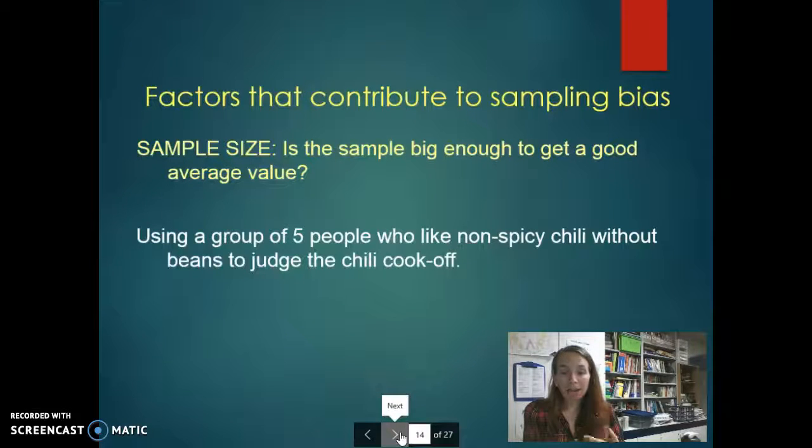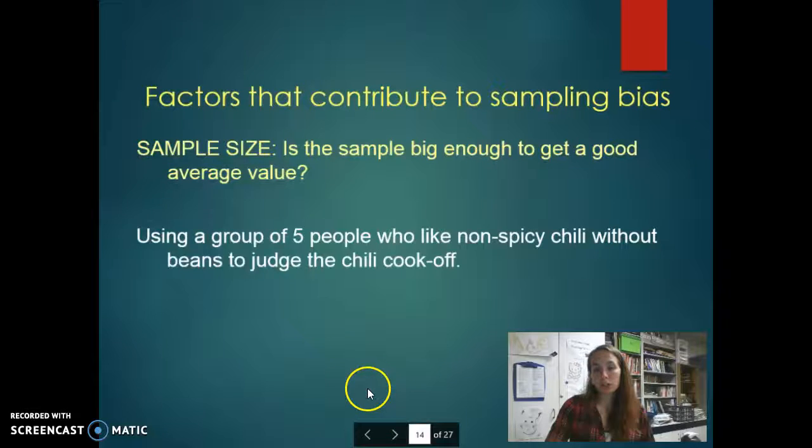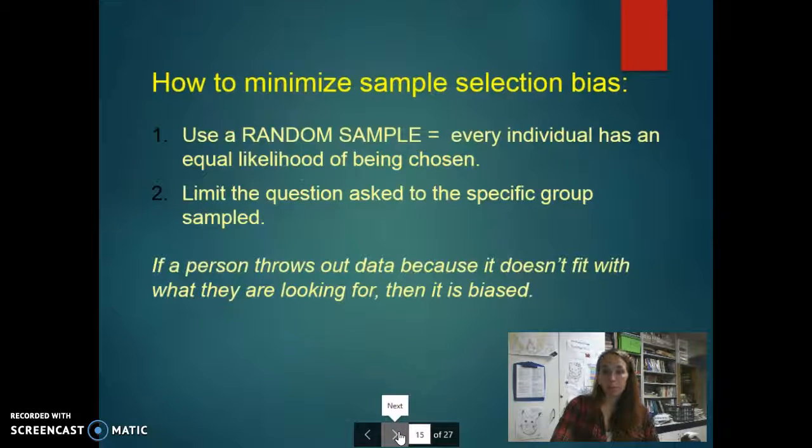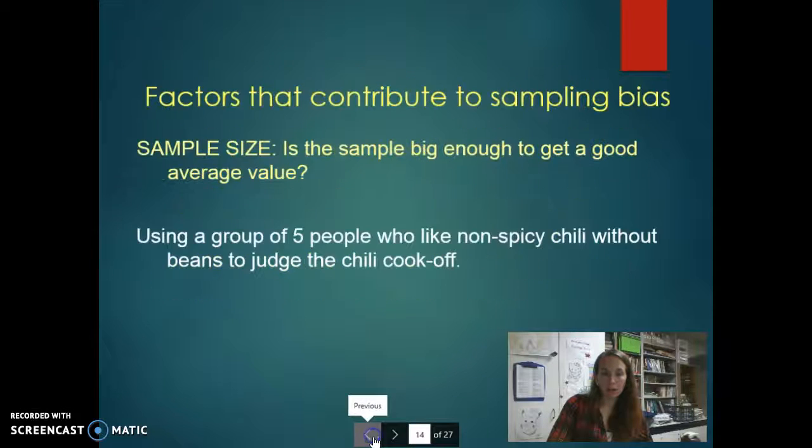I will not have the same favorite chili as, say, 5 other people. Okay? So in order to make it more fair, you have to add in a lot of people. So like I said, use a random sample. Everybody has an equal chance of being chosen, and limit the question to the specific group sampled. Okay, you should not be asking questions about the crackers that came with the chili if we're only testing chili.